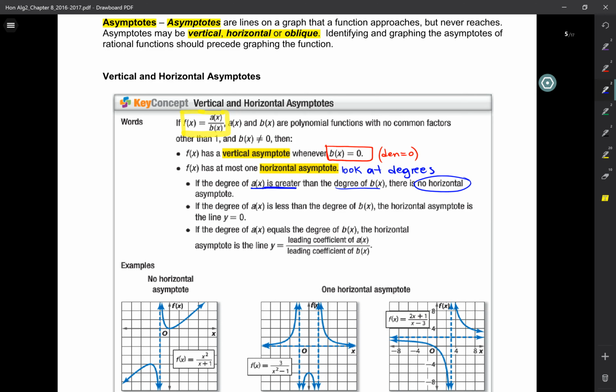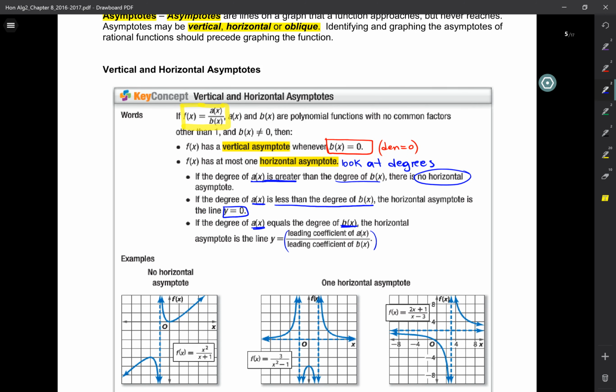Okay? I'll take you in a second. If the degree of a is less than the degree of b, the horizontal asymptote is y equals 0. If the degree of a equals the degree of b, then we just take the leading coefficients.